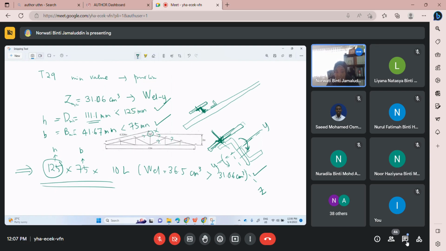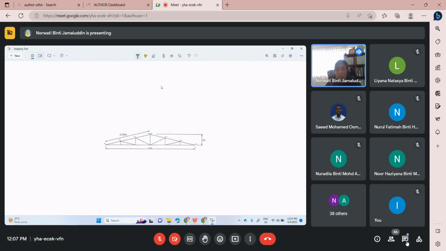In order to determine this load, you need this load to come up with the analysis, the joint analysis, the cut section analysis, the diagram analysis, or whatever method that you want to use. Okay, what is the P here?